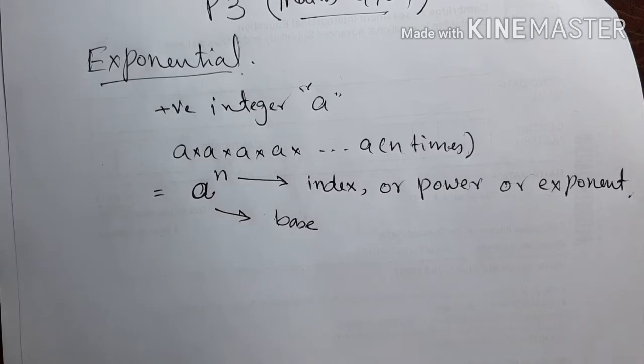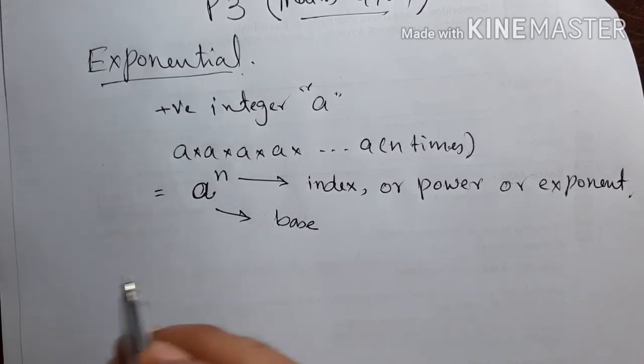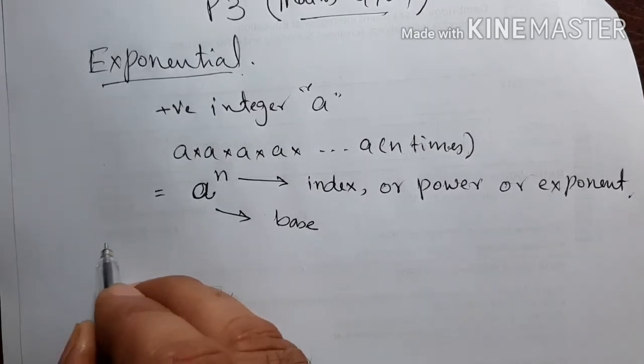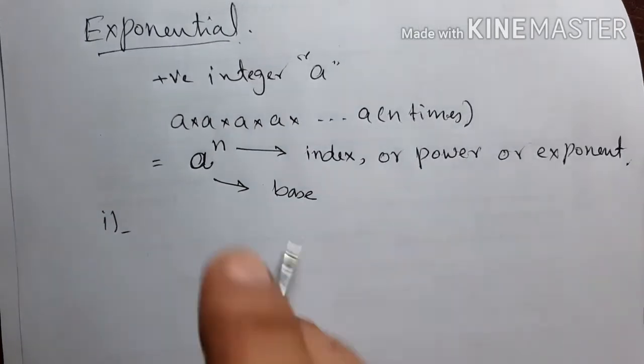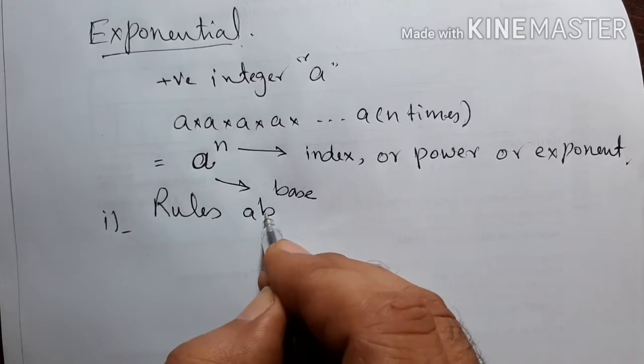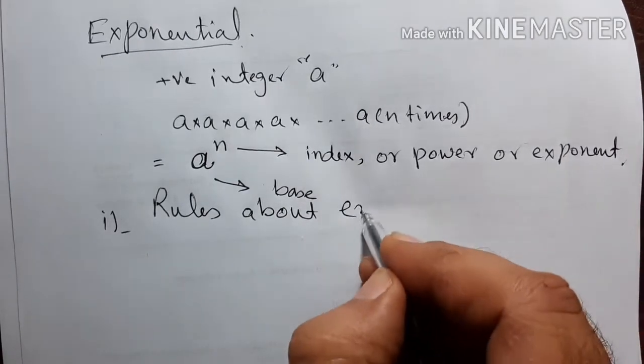there are few properties of exponentials you already know. For example, number one, rules about exponents.